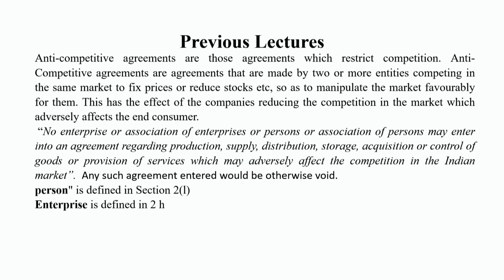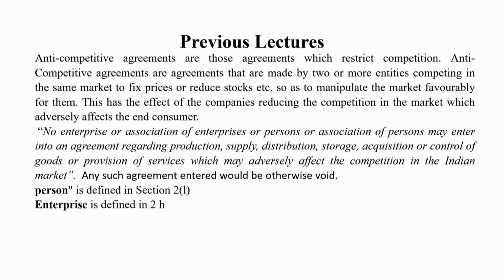Enterprise means any enterprise, whether private or government, any corporation or any entity having economic activities. If any economic activity is going on, that may come within the meaning of enterprise, and this is applicable to enterprises and persons or associations of them.